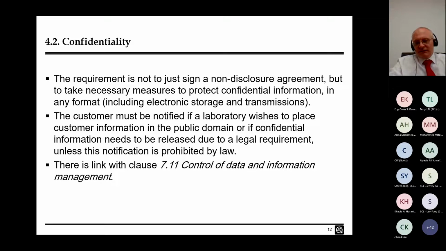So electronic storage and transmissions, we have to be careful about what information we're emailing, who we're emailing it to, that our systems are suitably secure so that people can't get in. If a laboratory needs to put information into the public domain or to release it, you need to tell the customer you're going to do this unless there's a legal requirement that you don't do this.